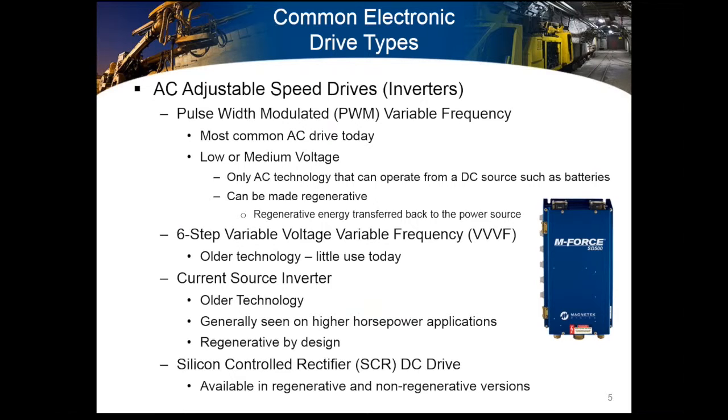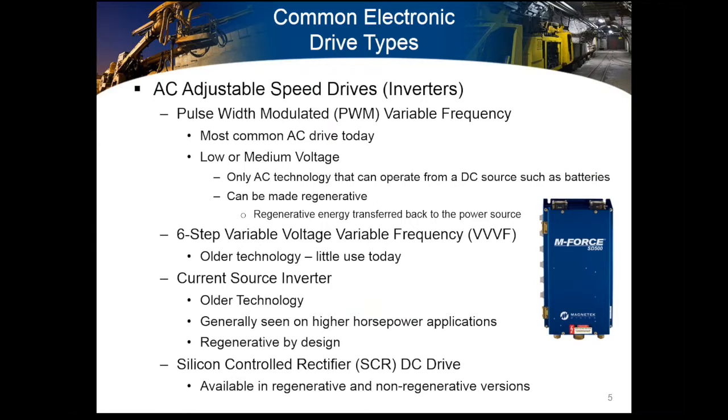It's the only AC technology, though, that does operate or can be operated directly from a DC source, such as batteries, and that does lend itself well to certain mining applications, which we'll touch on. It can be made regenerative, meaning as you stop the moving machine that you're connected to, be it a conveyor or something like that, any energy that's being driven back to the line or to the drive can actually be put onto the line and reused.